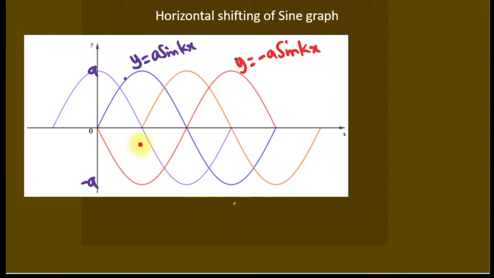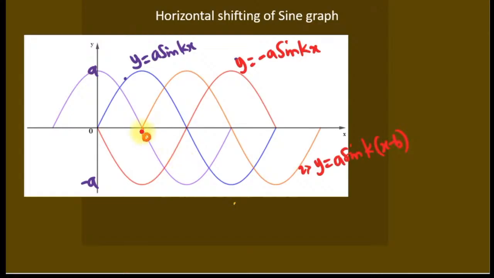Again, we've gotten the blue and red, remaining the other two. If I decide to shift the blue graph to the right by b units, the equation will be y equals a sine k bracket x minus b.